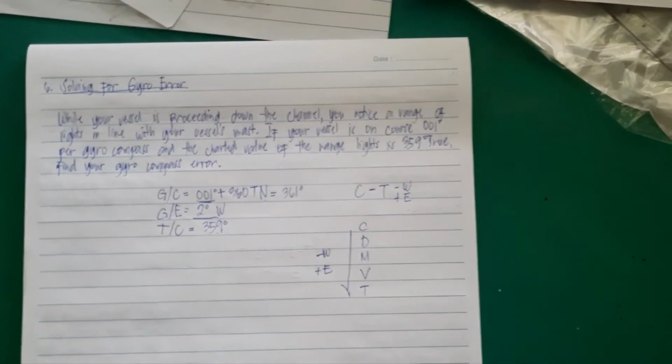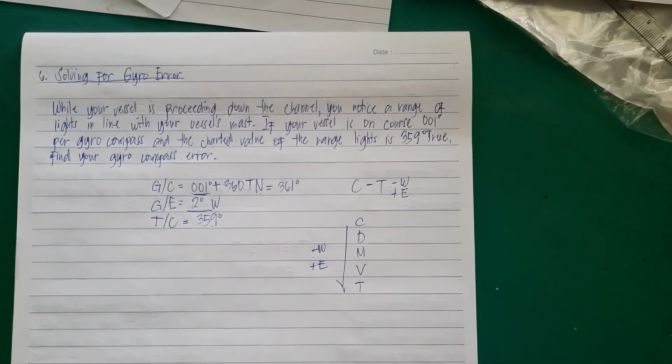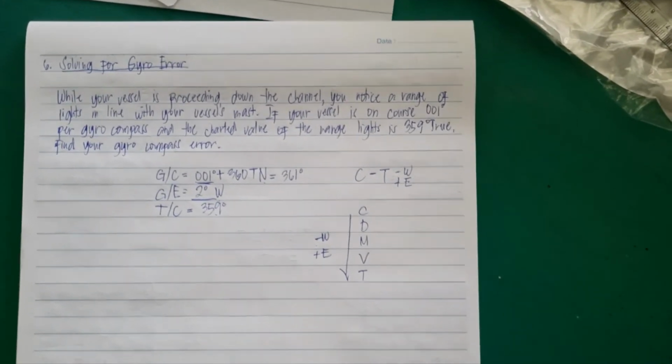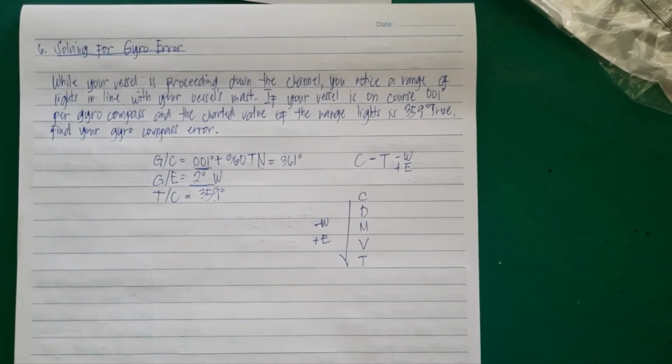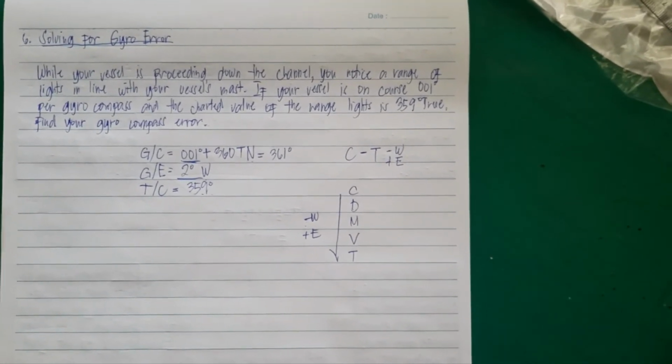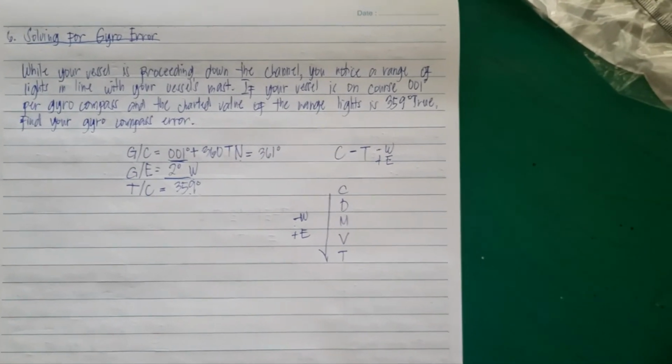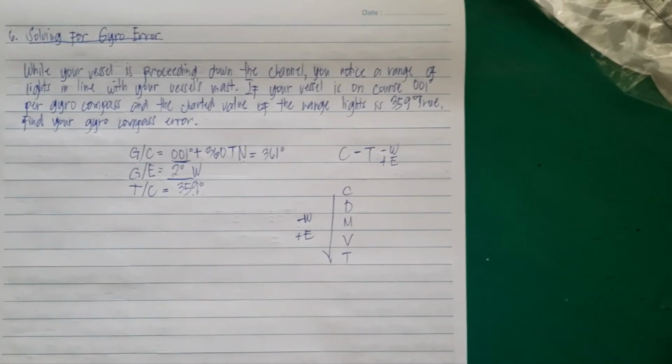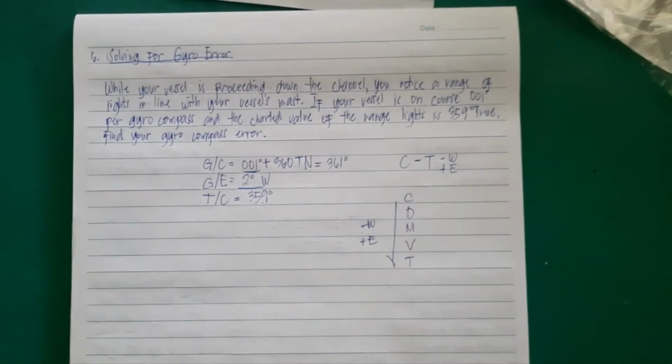Normally, the gyro compass points to the true north. However, there are times when it does not coincide with the true if you compare gyro to the chart. So there must be an error, and that's what we are going to solve in here.